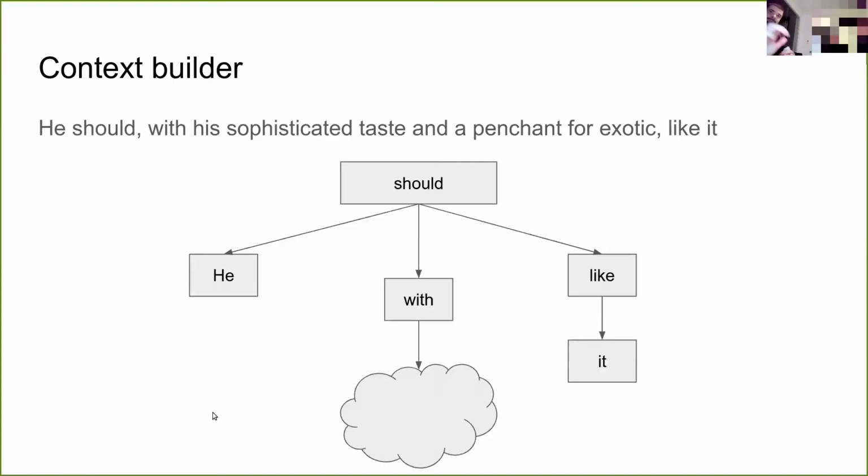So languages are difficult, and if you just look at the neighboring words, you may miss a lot. So consider, for instance, this sentence. He should, with his sophisticated taste and penchant for exotic, like it.